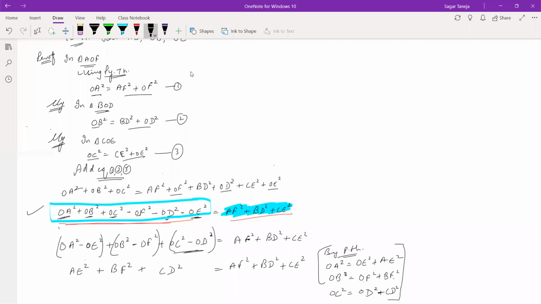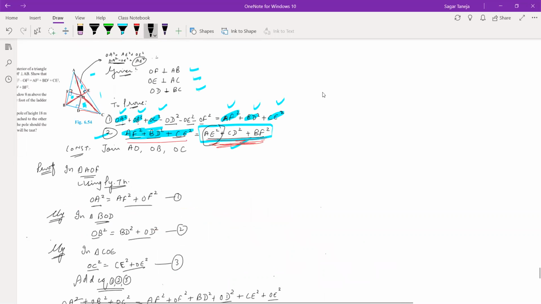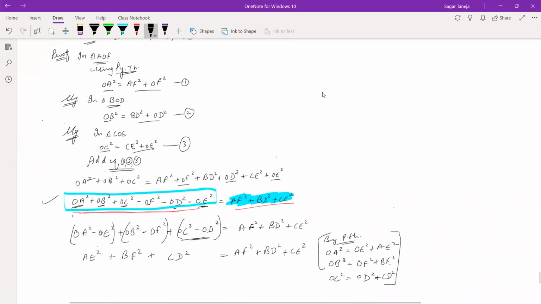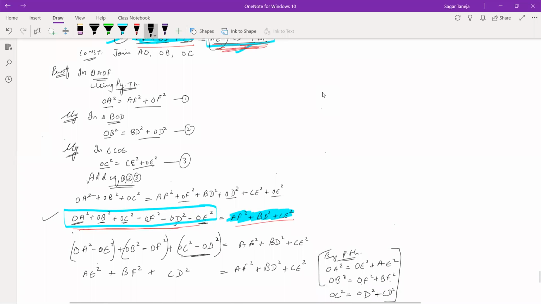H square equals to p square plus b square. If you are able to understand how to apply the theorem, then it is all easy. Just note it down and try to understand by yourself now at home. This is the full solution.